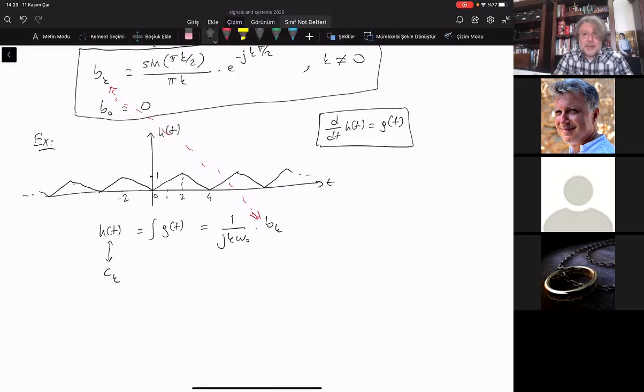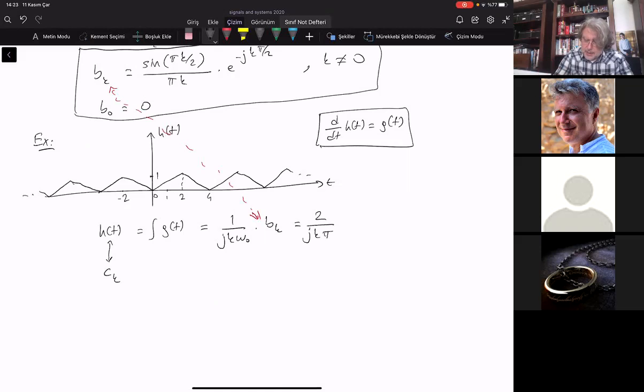Of course, for k different than 0. Still, I have to evaluate the DC coefficient, that is C0, separately. But for the others, this is the formula. And this formula reads as 2 over jk pi, because pi over 2 is omega 0, so 1 over omega 0 is 2 over pi.